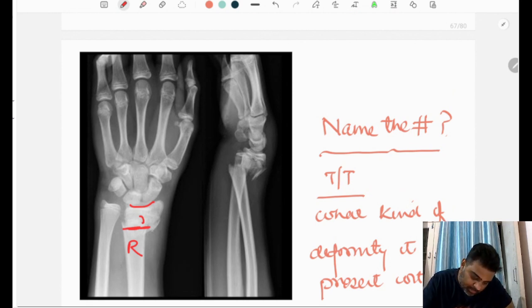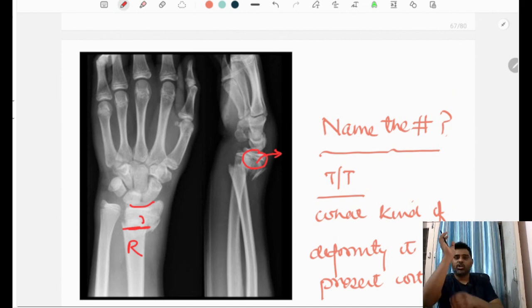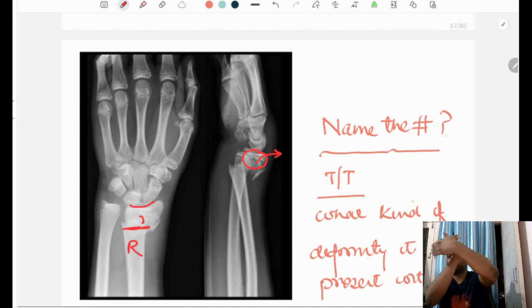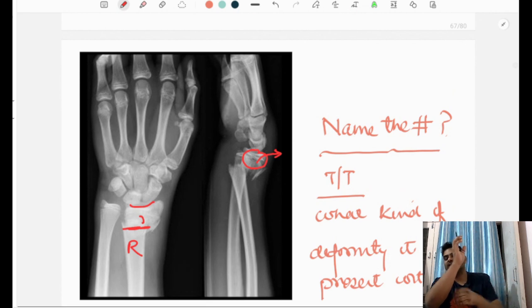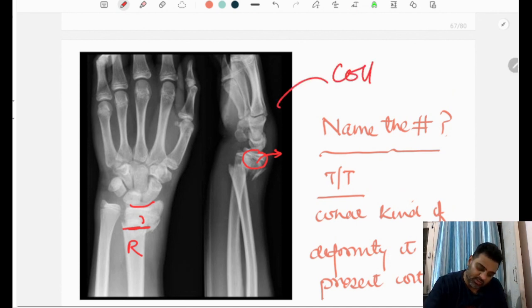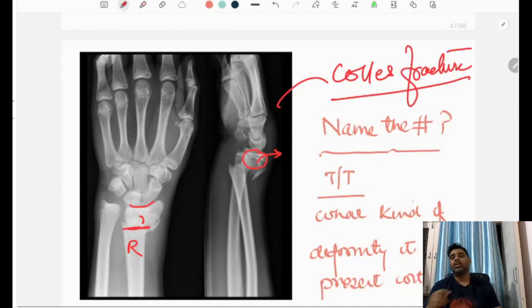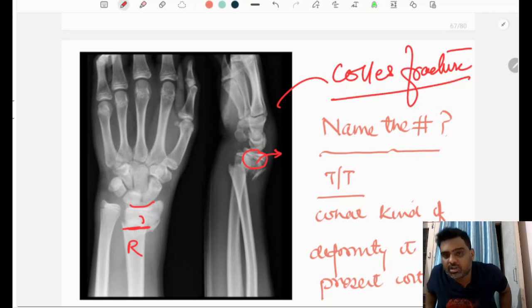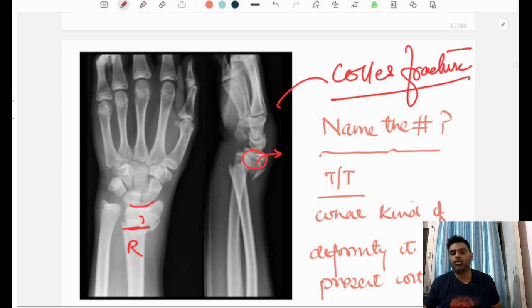If you see the lateral X-ray, the distal portion has gone to the dorsal side. If in a radius fracture that is extra-articular, the distal part has gone towards dorsal, that means it is a Colles fracture. This is how you have to identify a Colles fracture: an extra-articular fracture of the radius, and the distal fragment goes dorsally.